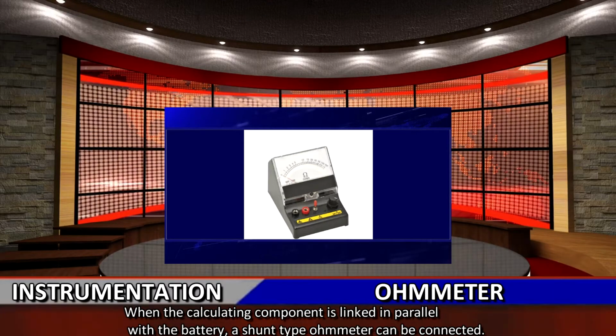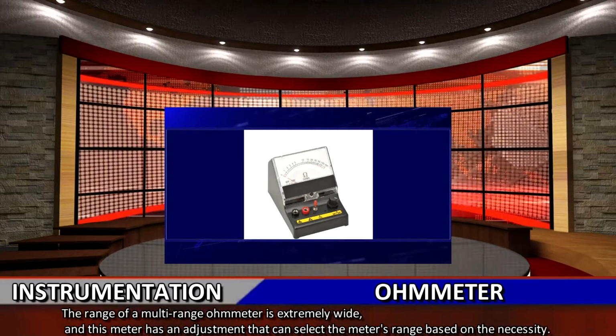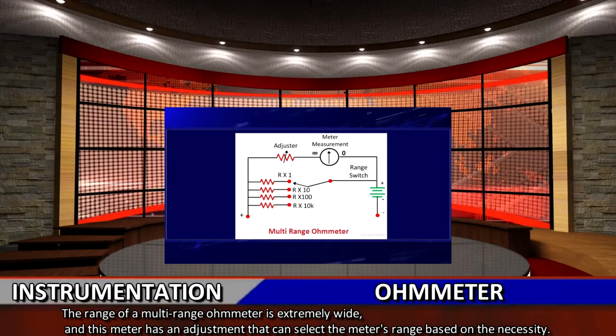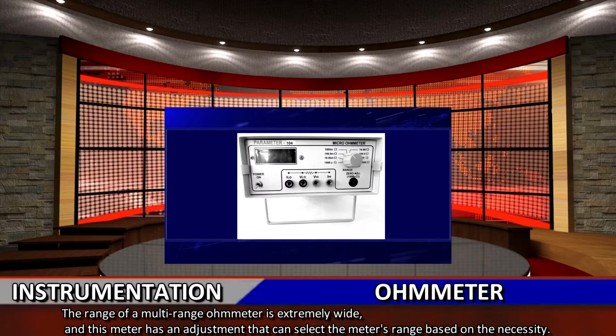The meter, the battery, and the measuring component can be used to create the circuit below. The third type of ohmmeter is the multi-range ohmmeter. The range of a multi-range ohmmeter is extremely wide, and this meter has an adjustment that can select the meter's range based on necessity.